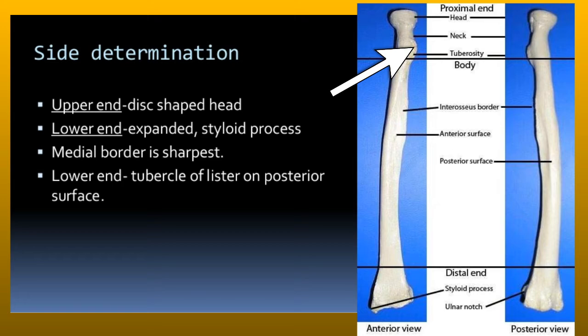Close to the neck it presents a radial tuberosity, which is directed towards the medial side. The lower end presents a tubercle on the posterior surface, known as the dorsal tubercle of Lister.